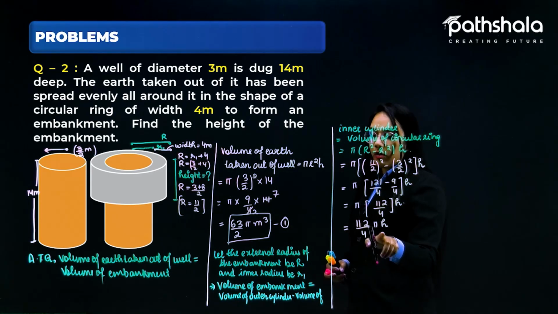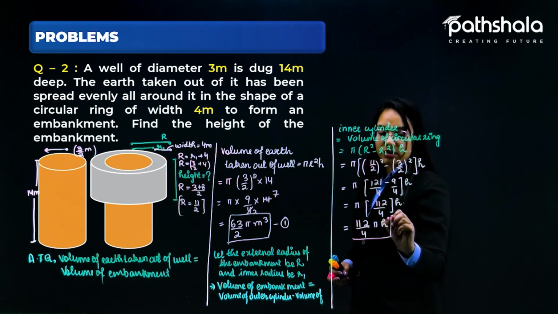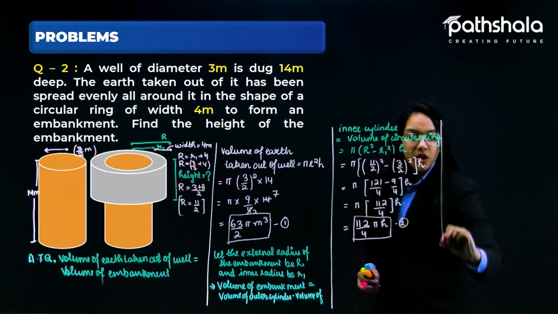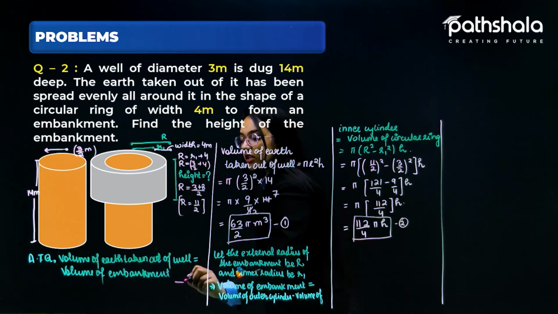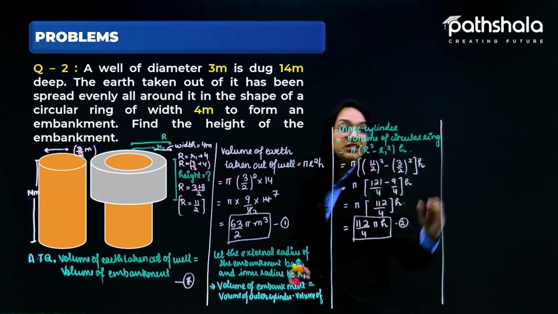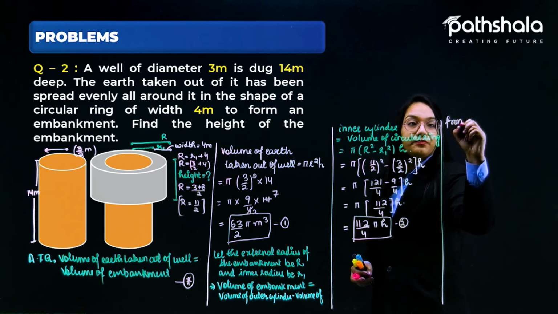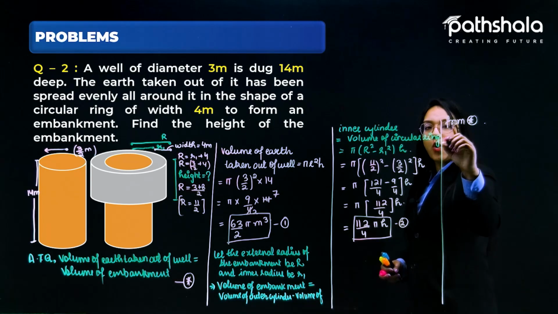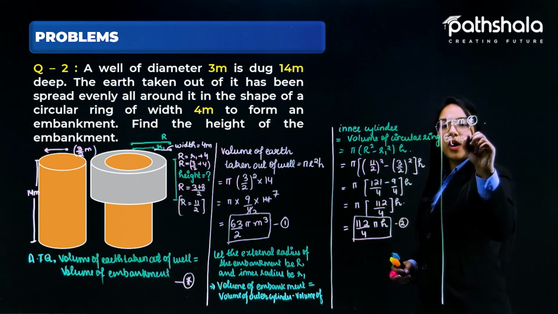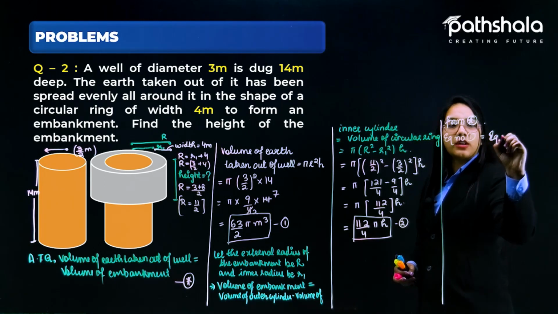So let's call this equation number 2. According to the question, if I call it star, then from star we know that equation number 1 is equal to equation number 2.